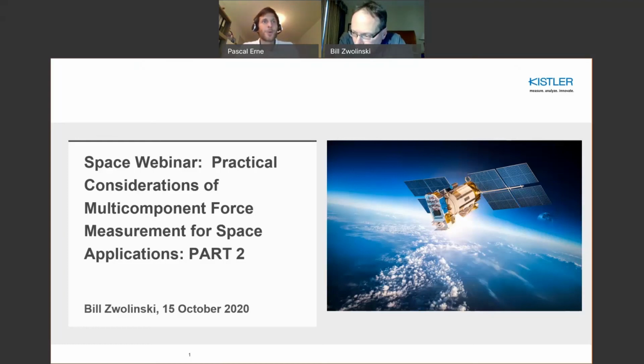Then the last two questions. How should the calibration of a 6-component sensor be carried out? How to verify whether dynamic behavior is consistent? This is a very good question. A 6-component, now I'm wondering if you're talking about, say, a dynamometer. I would assume a dynamometer.